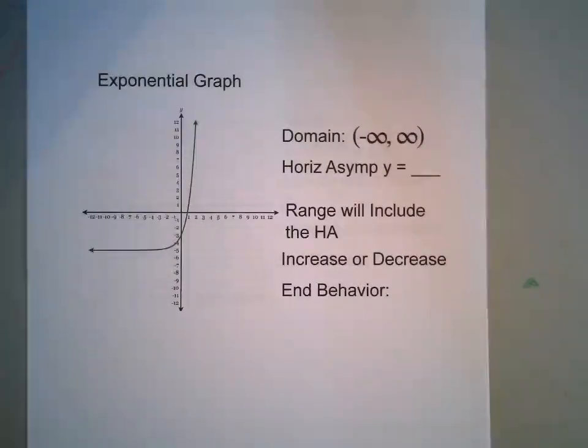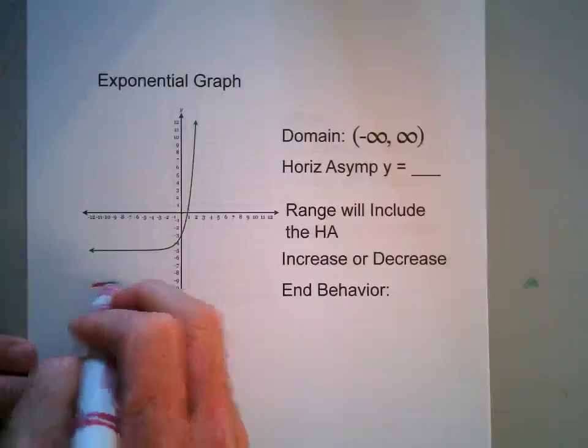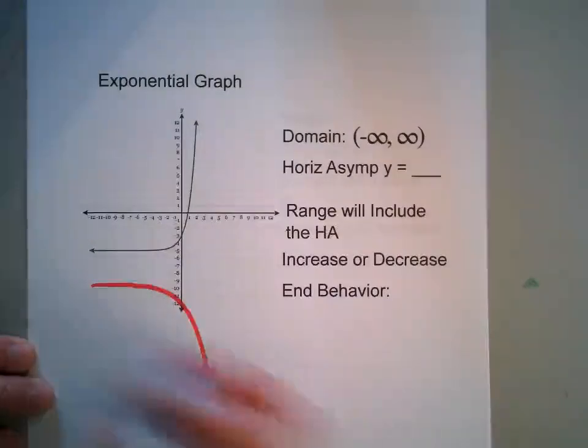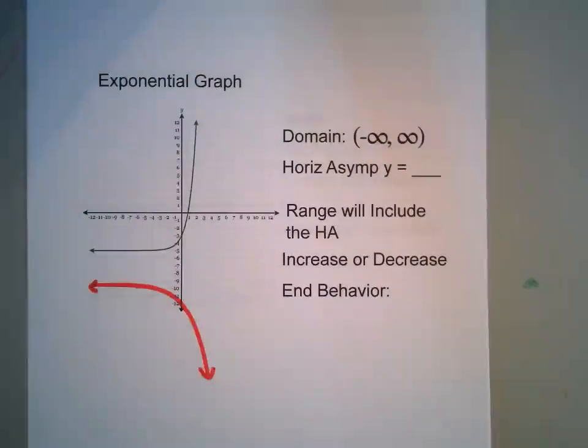What I'm going to try to do here is give you ways to answer the exponential graphs. So exponential graphs basically look like this. Sometimes if there is an x-axis reflection, then it would look like this. But they basically all kind of look like this.